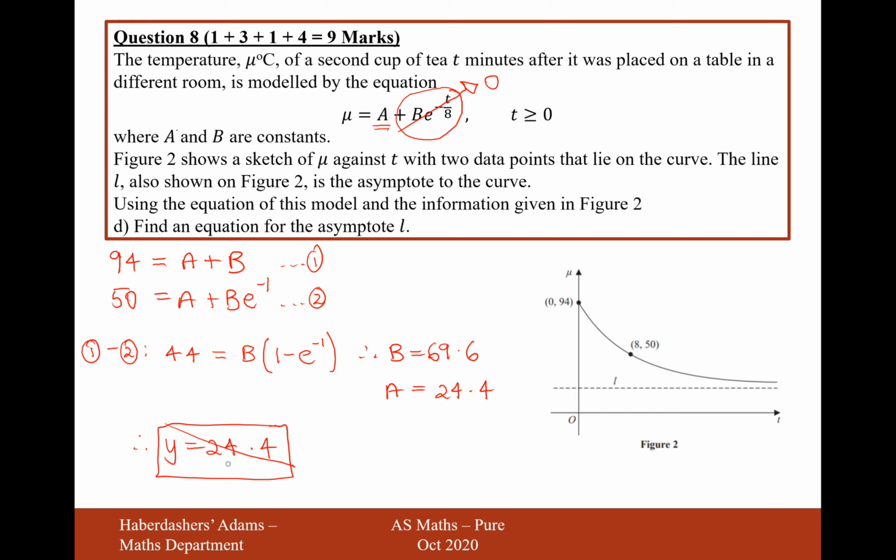In fact, maybe that's not the correct way of writing the equation, given that μ is on the y-axis, so maybe the equation should be μ = 24.4. So there we are, that's the answer for this question here, 24.4 is the answer.